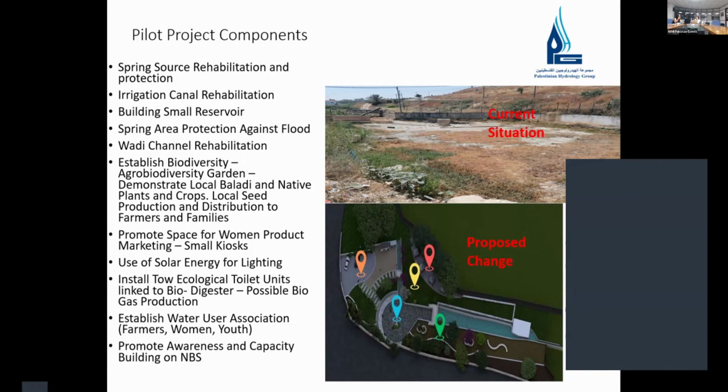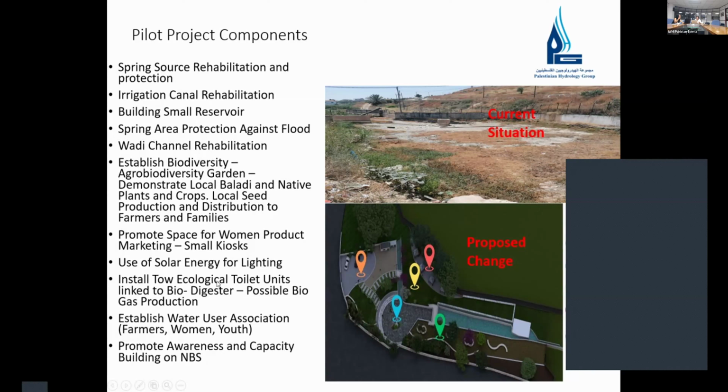In addition, we are promoting a small space for women in small kiosks to market their products. In general, we are creating not only a natural space but also a community space where people can come and enjoy the beauty of this place at the same time.